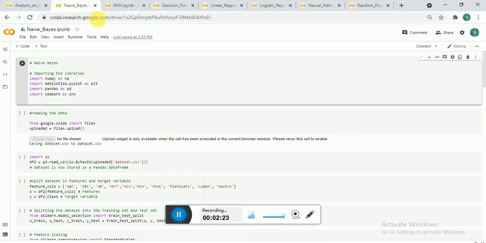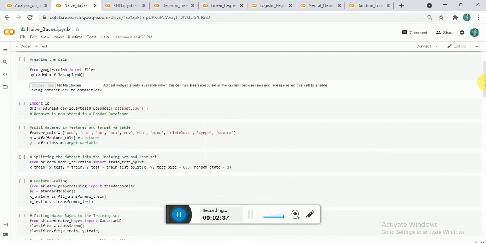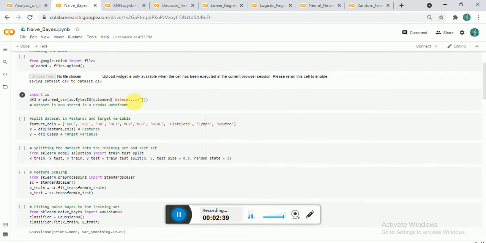Next, I have done the analysis with the naive-Bayes classifier. I used the naive-Bayes classifier for the prediction. First of all, I read the dataset, and secondly I chose my target values.